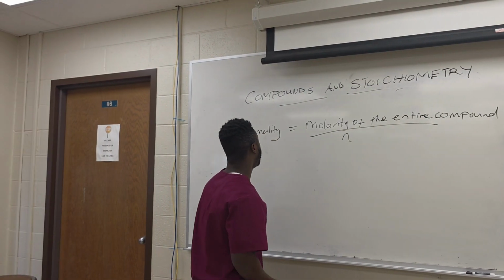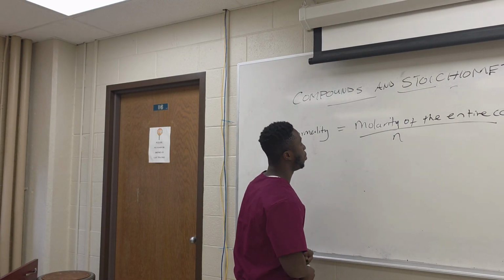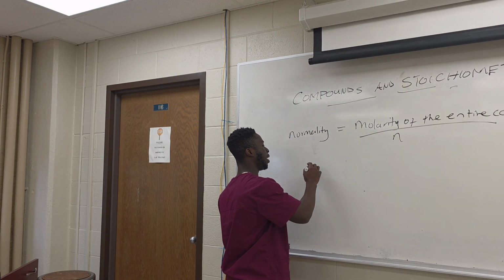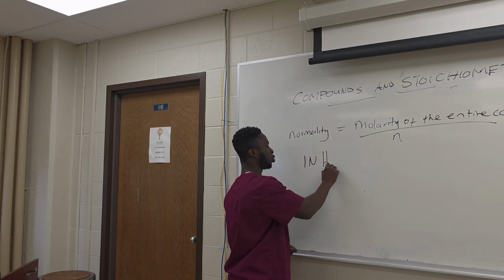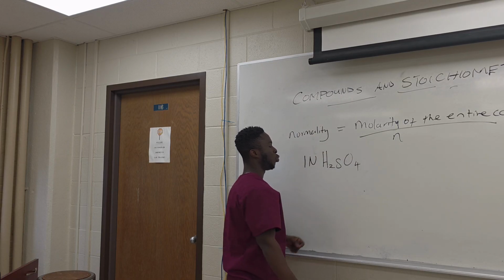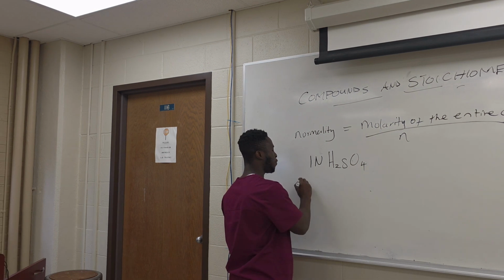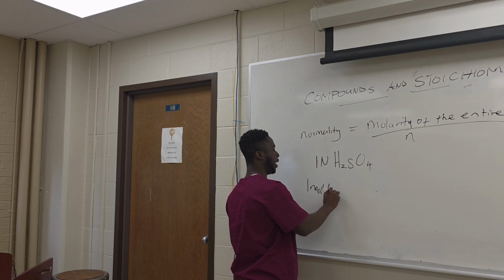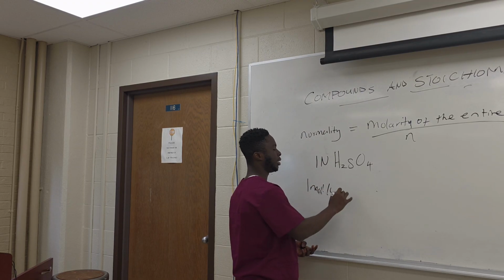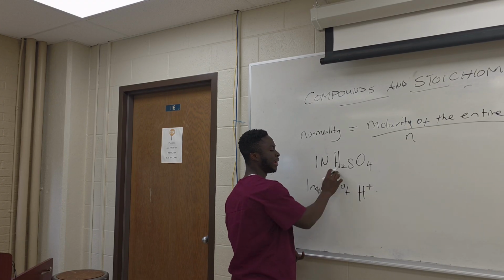So if we say we have one normality of H2SO4, what we mean is that in this H2SO4 we have 1 mole per dm cube, or per liter, of H plus ions.